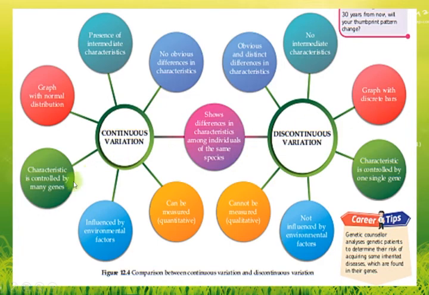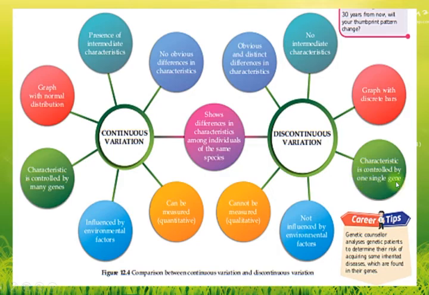Then for continuous variation, the characteristic is controlled by many genes, and for discontinuous variation, it is controlled by one single gene.